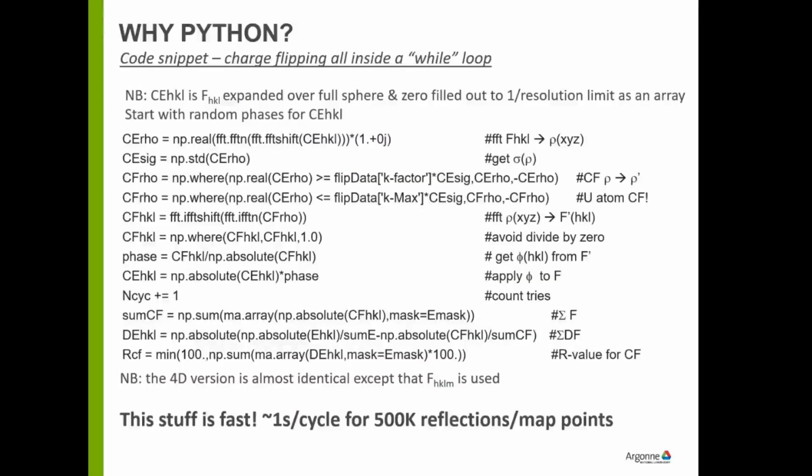Okay, so here's the example. This is charge flipping. What's the algorithm look like for charge flipping? Basically, what you're doing is you're computing a map, take all the negatives, make them positives, do the reverse Fourier transform to get structure factors back, recover the phases, apply them to the original structure factors, generate a new map, and just repeat.